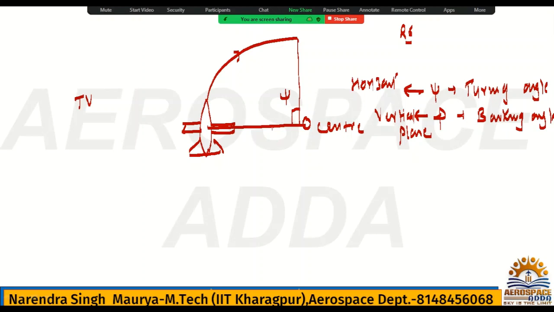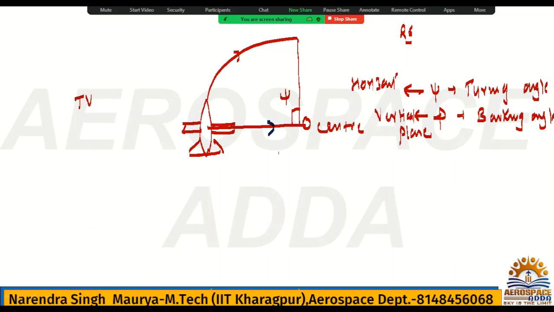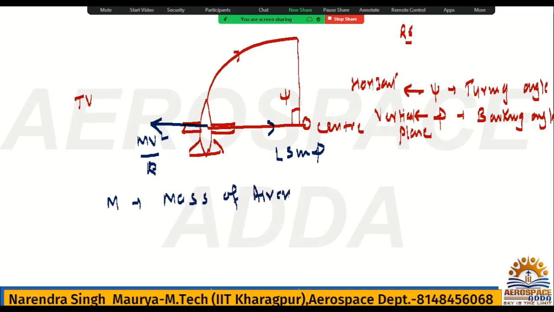So what is this force? It is explained because on the horizontal top view you can see the horizontal force. So this side what is the force? This is the L sin phi, and what is this force? mv square by R. What is m? Mass of aircraft.